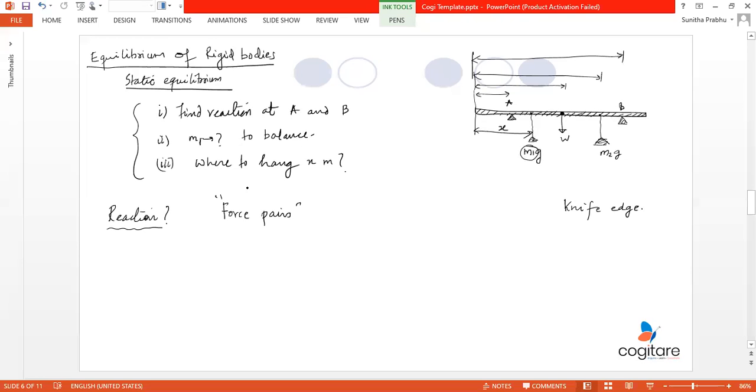If this ball is colliding on this ball, this is called ball A, this is called ball B. The force exerted by ball A on ball B is equal and opposite to the force exerted by ball B on ball A.